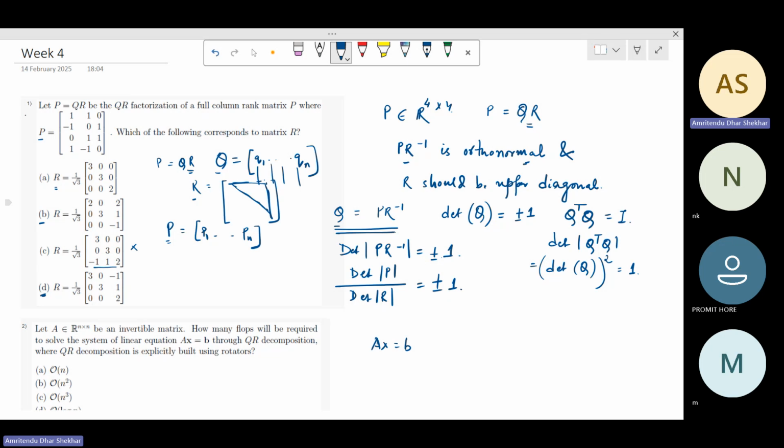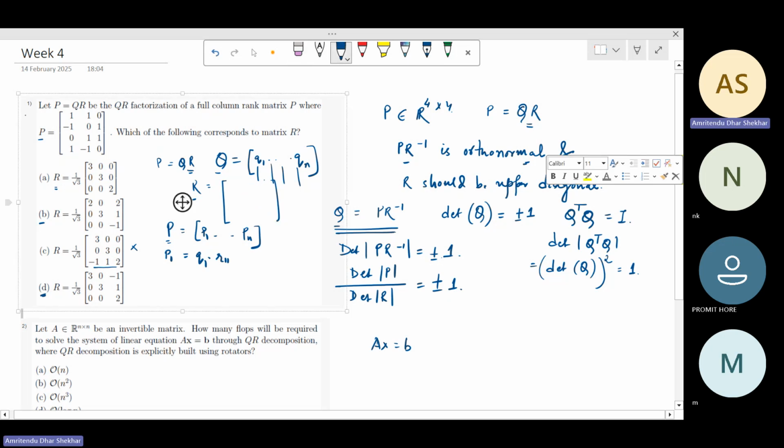You write P1 is equal to Q1 times R11. So think of this R matrix. R is an upper triangular matrix, so its entries are going to be R11, and these guys will be all zero.